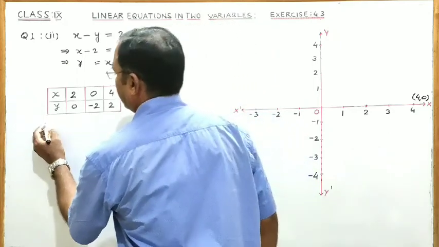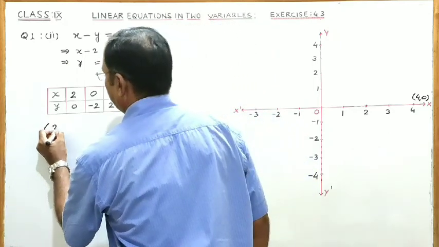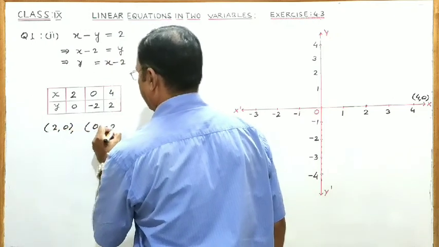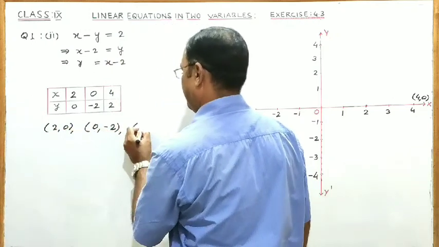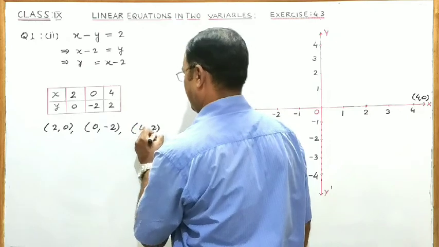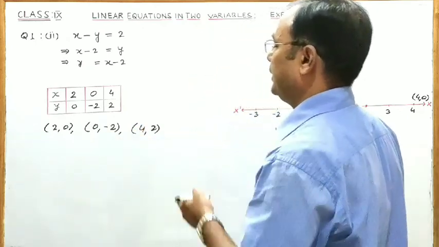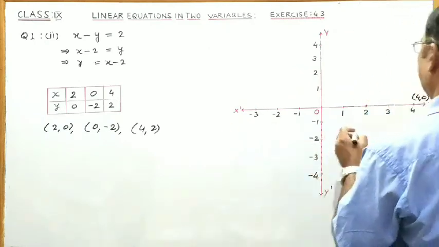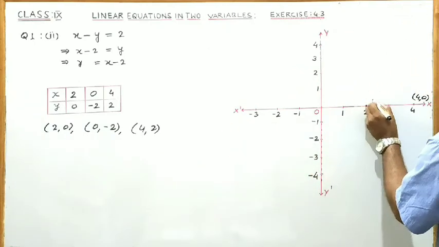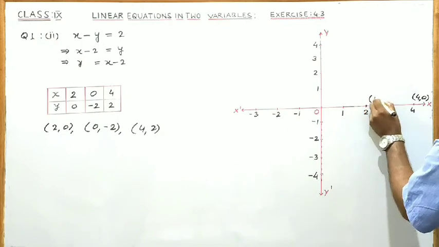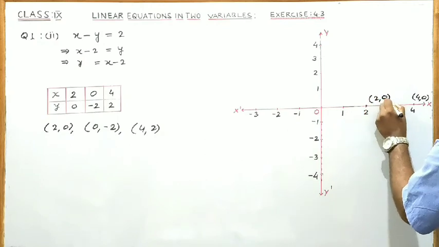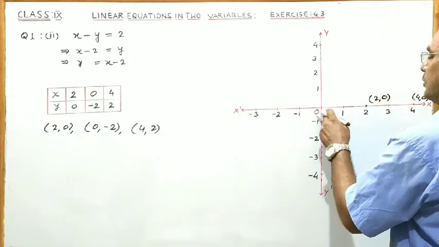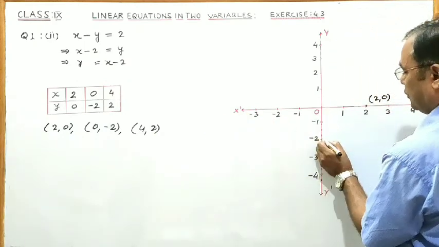Now we shall plot points (2, 0), (0, minus 2) and (4, 2) on the graph paper. So let's plot these points on the graph paper. (2, 0). This point is (2, 0). (0, minus 2), x equal to 0, y equal to minus 2.